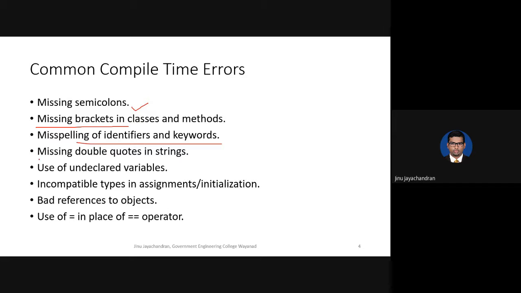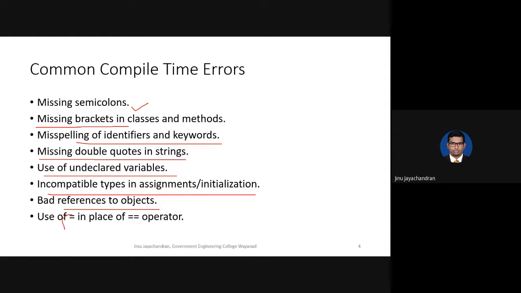Or you might have missed the double quotes when you write System.out.println of hello world. You might have used undeclared variables. The assignments might be incompatible. Bad reference to objects: for example, we have seen pointers, and you might not have assigned the pointer to refer to any object.